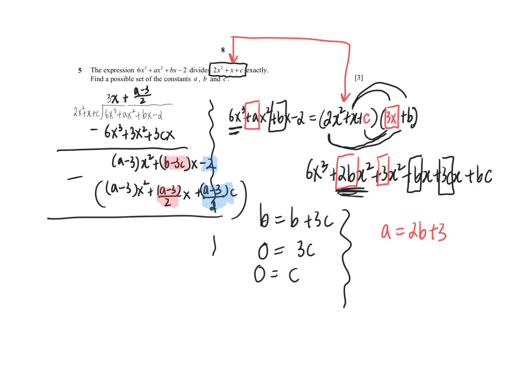So the A is equal to 2b plus 3, correct? Yeah, correct. Then my B is equal to B plus 3C, correct? This one you missed out bx. Or never mind. Correct. Okay, then the last one is this one. Wait, Miss Mom, you sure it's negative 3x? I think this must be wrong. How can I have B plus 3C is 0?